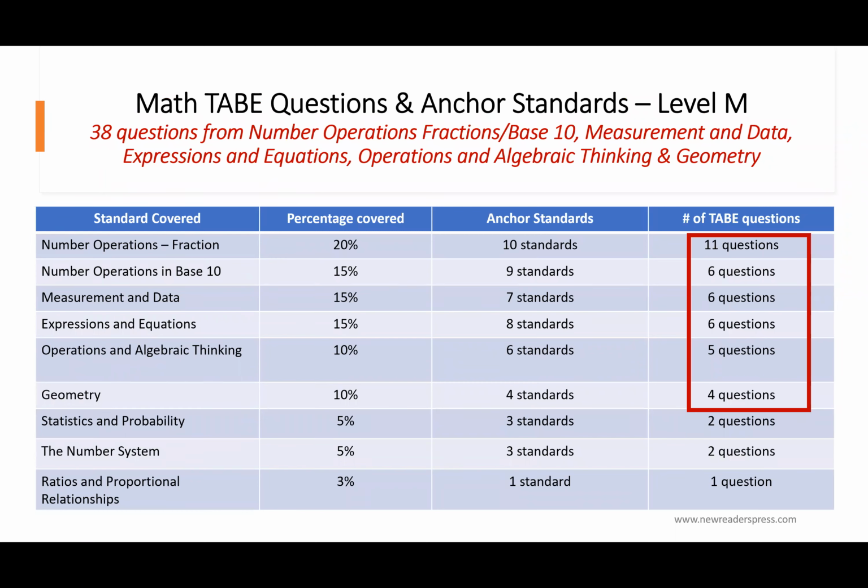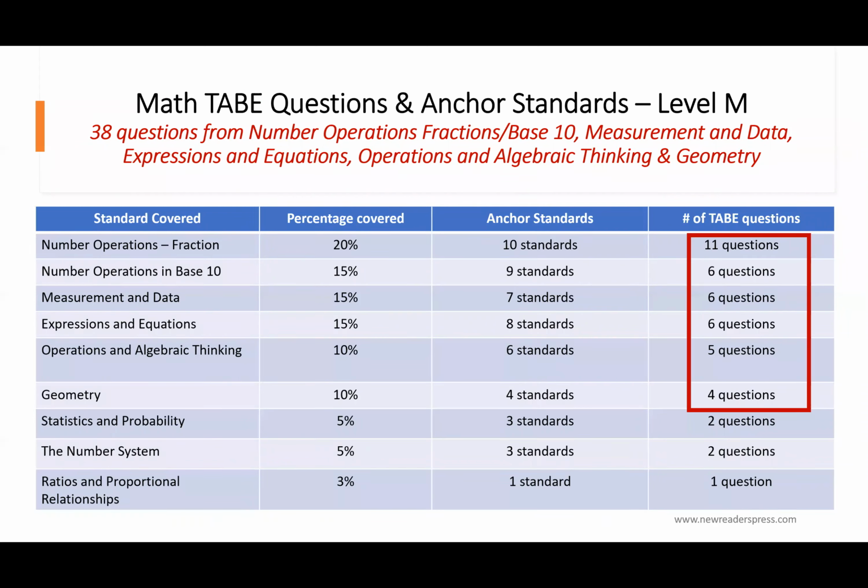At M level, with so many standards, 38 questions come from 6 domain areas. These include 11 questions from number operations specific to fractions, 6 questions for number operations in base 10, 6 for measurement and data, 6 for expressions and equations, and 5 for operations and algebraic thinking.